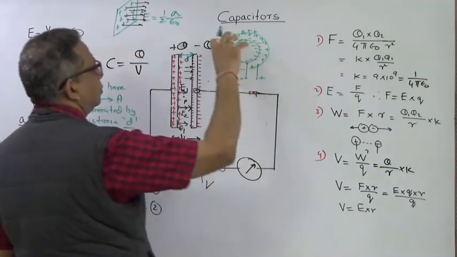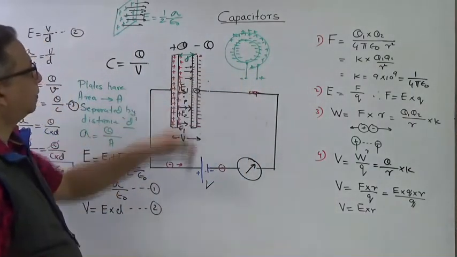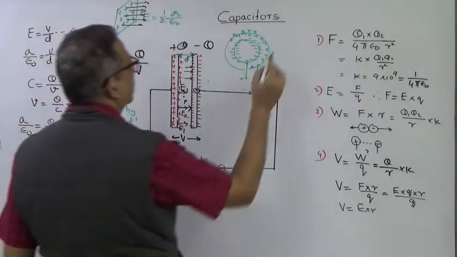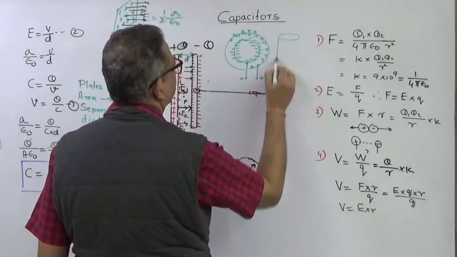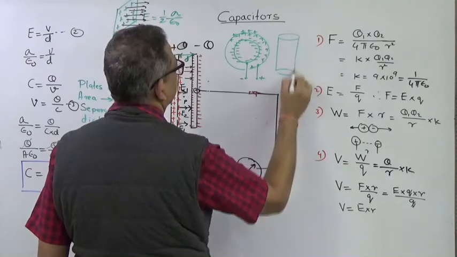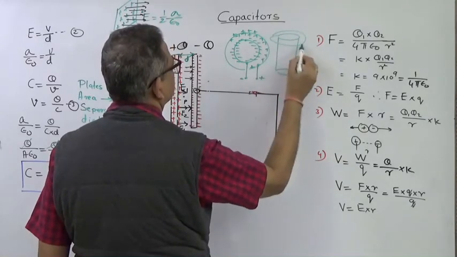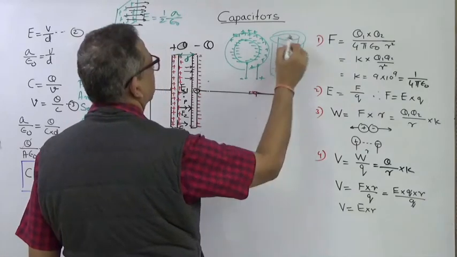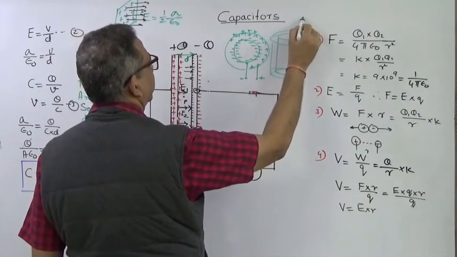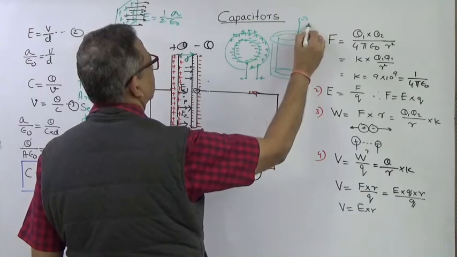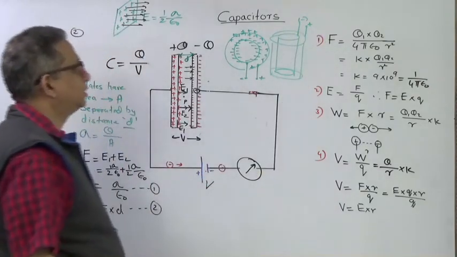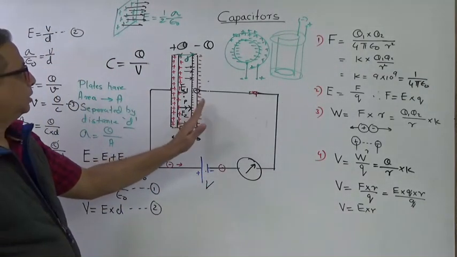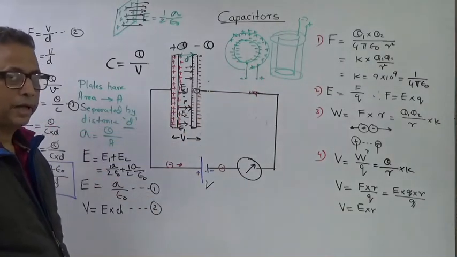So this way you have a spherical capacitor, and a cylindrical capacitor is a cylinder inside and a cylinder outside. So the inside cylinder will be having maybe a negative charge, and the outside cylinder will be having a positive charge. So all these three are different types of capacitors.